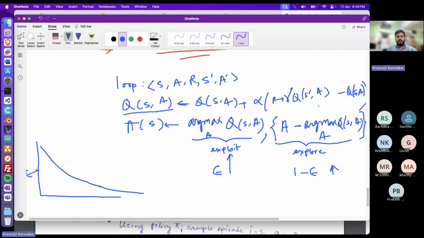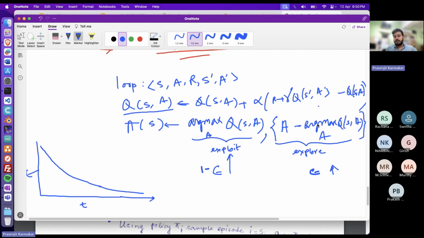This is my epsilon and this is my t. So with time, this is epsilon, and this is 1 minus epsilon. So basically, initially, the probability of taking actions other than the maximum is more, and the probability of taking the optimal action is less.